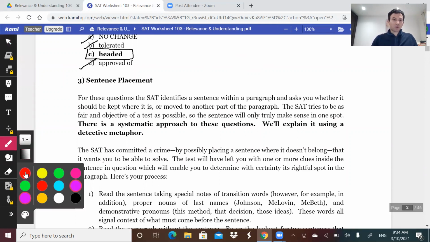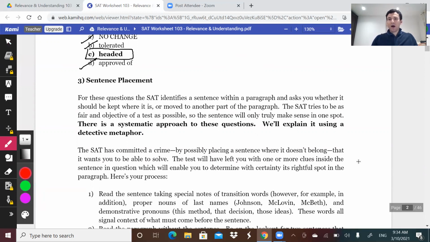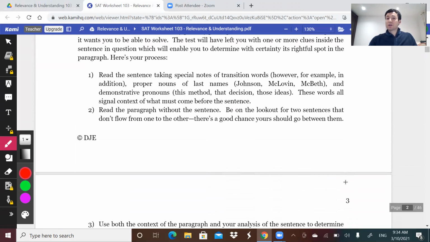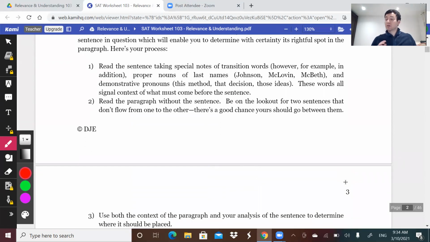There's a whole approach that I outline here, but I'm just going to streamline the main ideas. Obviously, you can go into this worksheet and read it in more detail. When they give you the sentence that's out of place, what you need to determine is what about the sentence is going to allow me to put it in its appropriate place. Meaning, you want to read the sentence that's out of place really carefully.